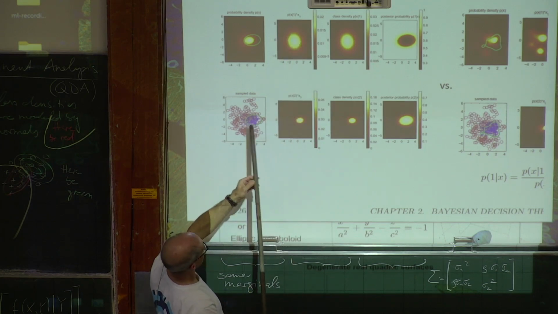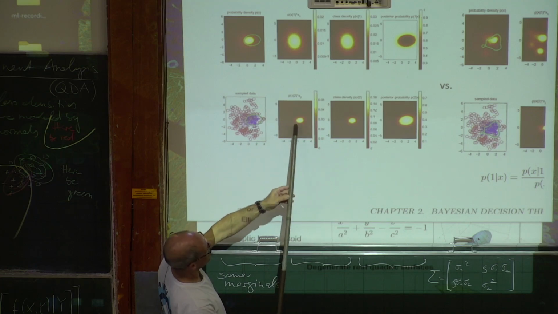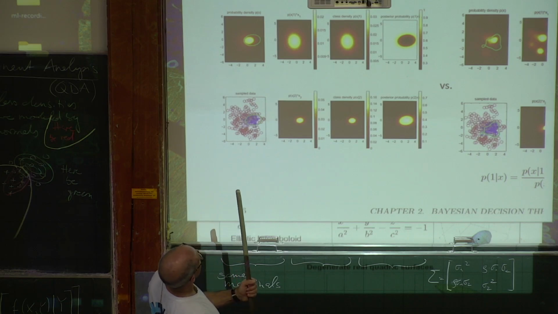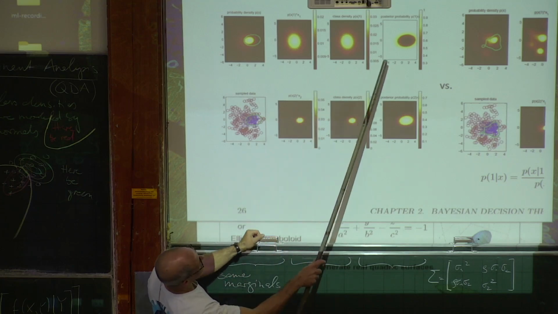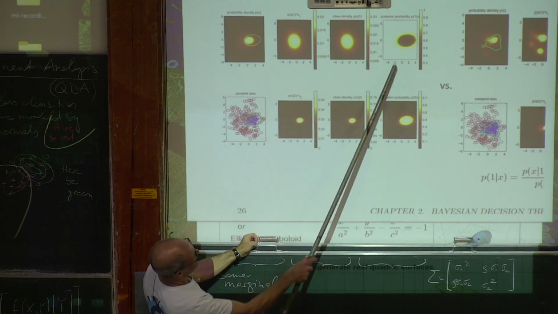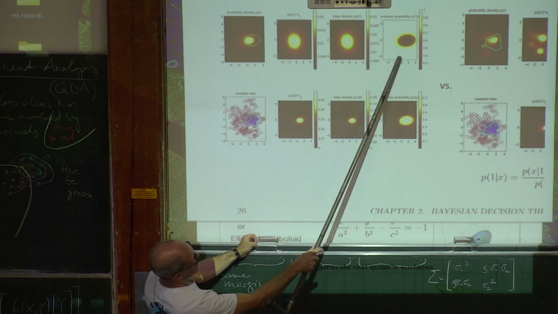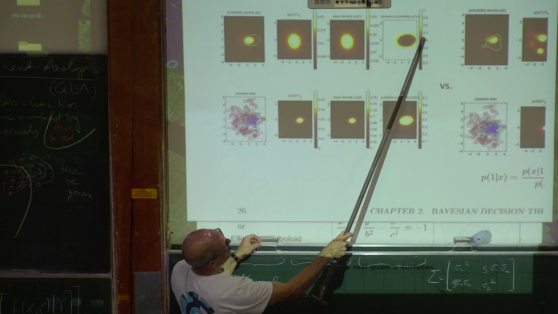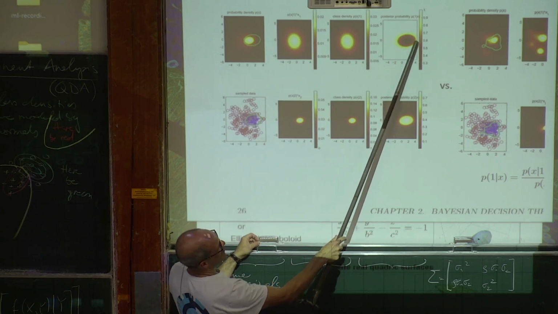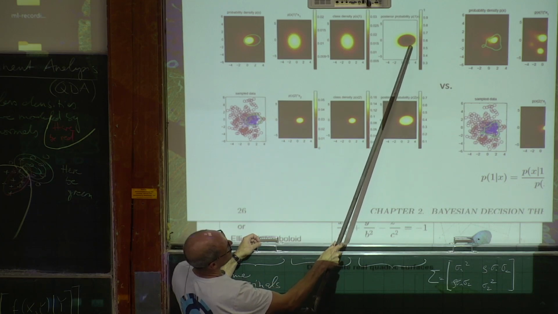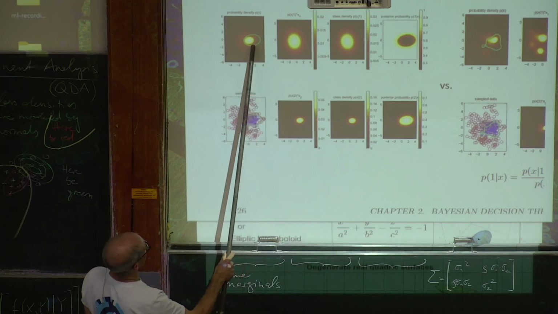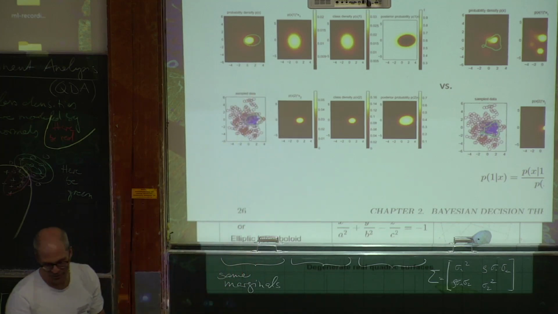The blue class is relatively compact, so this normal distribution looks like so. And now if we put it into Bayes' theorem and look at the posterior, then this is the posterior, or this is 1 minus the upper picture. The decision boundary is given by the set of points where both classes have the same posterior probability, 0.5. So I'm looking at an ellipsis here, and there it is, shown relative to the training data.